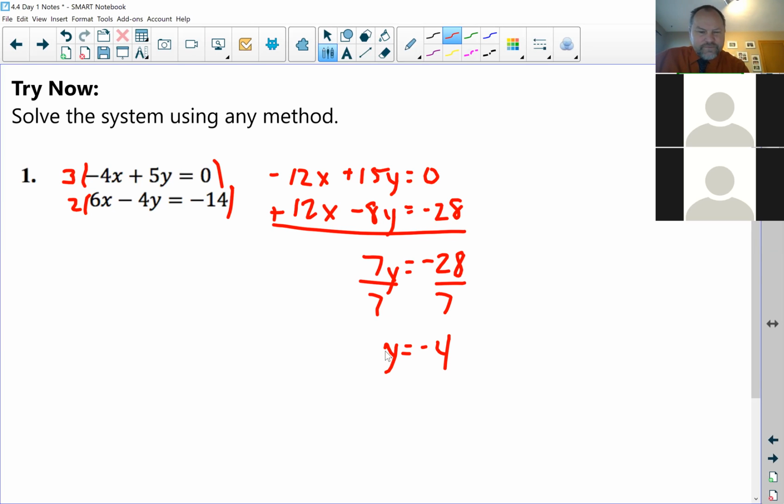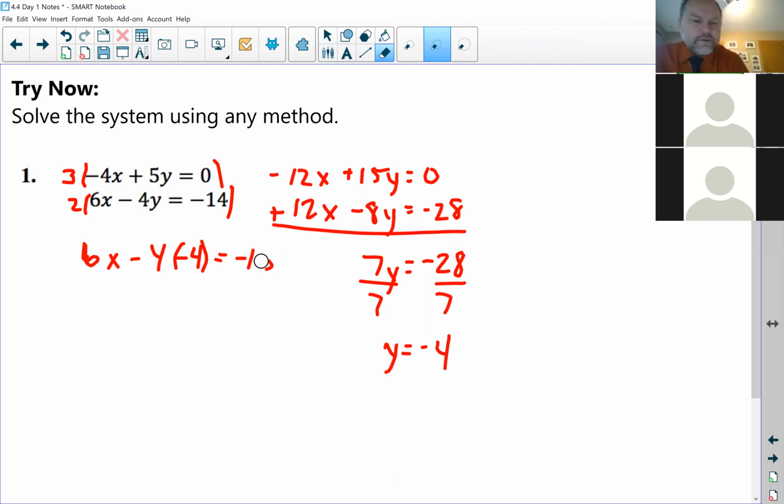I'm going to take that negative 4 and plug it in to one of my two equations. I'm going to plug it into the second equation. Six x minus 4 times negative 4 is positive 16.